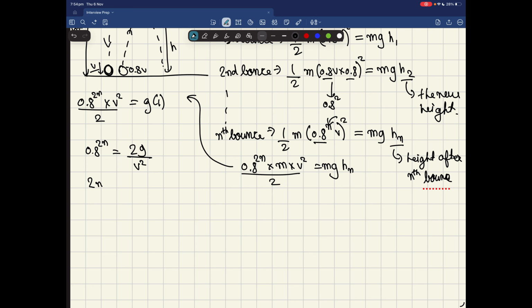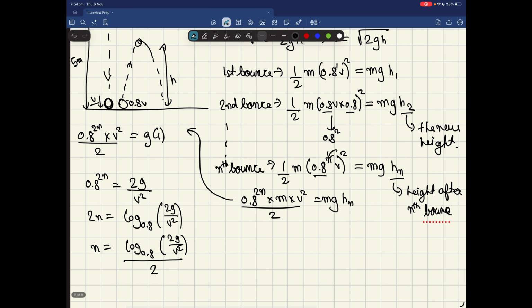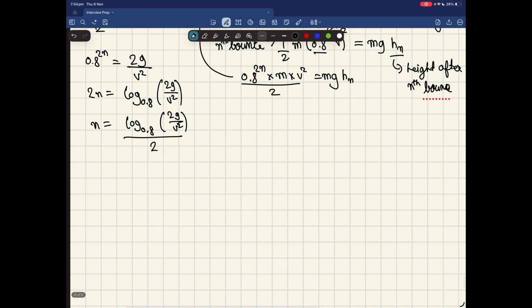So 2n equals log base 0.8 of (2g over v squared), and n equals log base 0.8 of (2g over v squared), all over 2. We know from the start that v squared is 2gh, so we can sub that in.